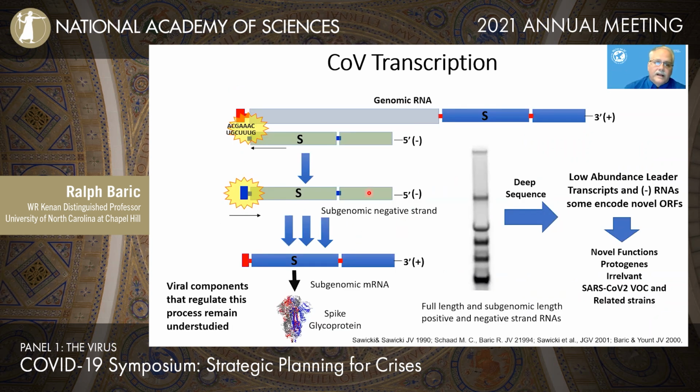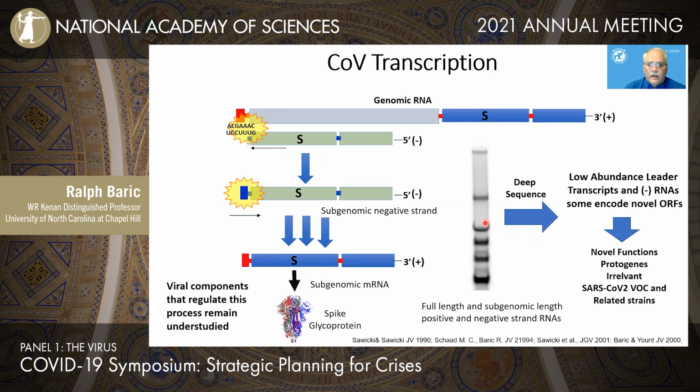In any event, following the interaction of the incomplete RNAs with the leader TRS at the 5' end of the genome, a full-length subgenomic negative strand is synthesized, which drives the expression of multiple copies of the subgenomic messenger RNA, leading to the presence of a series of both full-length and subgenomic length messenger RNAs.